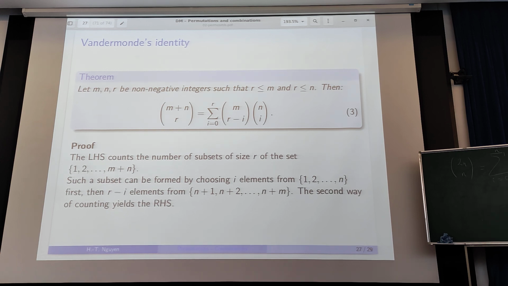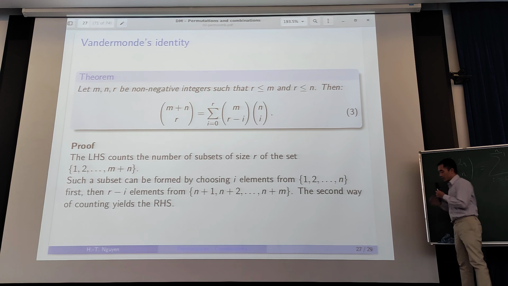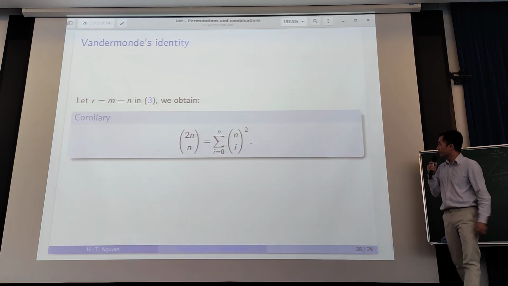But you know that these two are the same, by symmetry, so n choose n minus i is equal to n choose i. So in the end, it will become n choose i squared. And you get this identity.